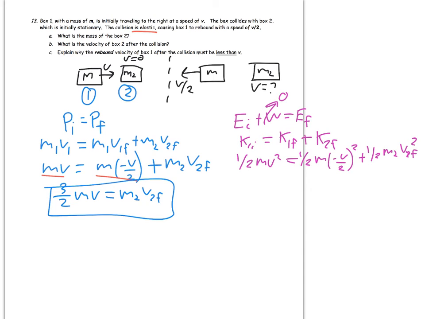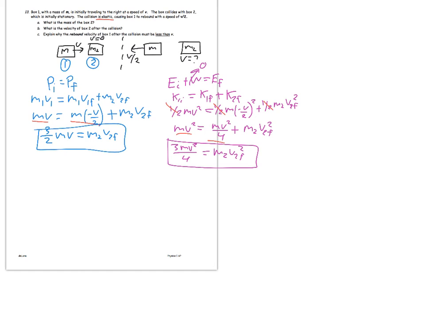I can cancel out the 1/2 here, and I end up getting mv squared equals mv squared over 4 plus m2 v2f squared. I'll combine these two terms, and it becomes 3mv squared over 4, or 3/4 mv squared, is equal to m2 v2f squared.